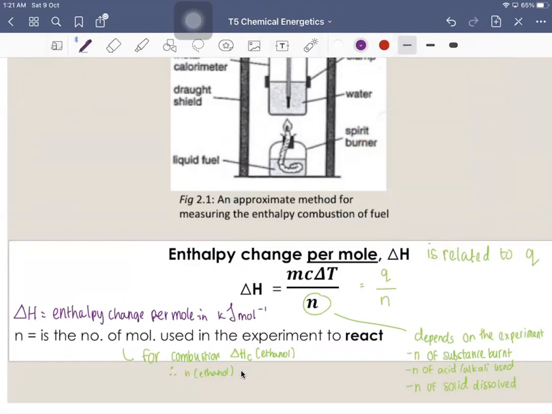So remember that means your Q has to be in kilojoules. Previously, our Q is in joules, so you need to convert, then divide by moles. So that's how you get the units for enthalpy change.